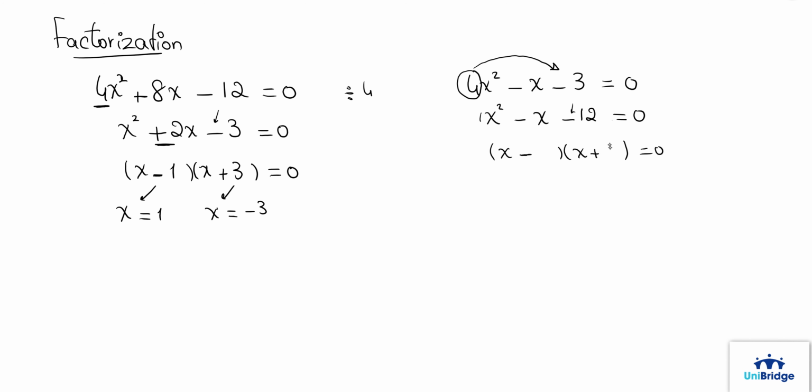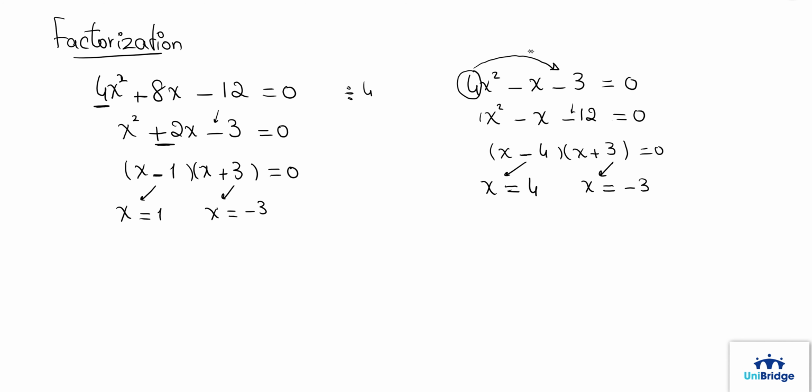The factors that multiply to 12 and add to negative 1 are 4 and 3. But since this is negative, you put the bigger number as the negative. Now you're going to get your final answers as x equal 4 or x equal negative 3.